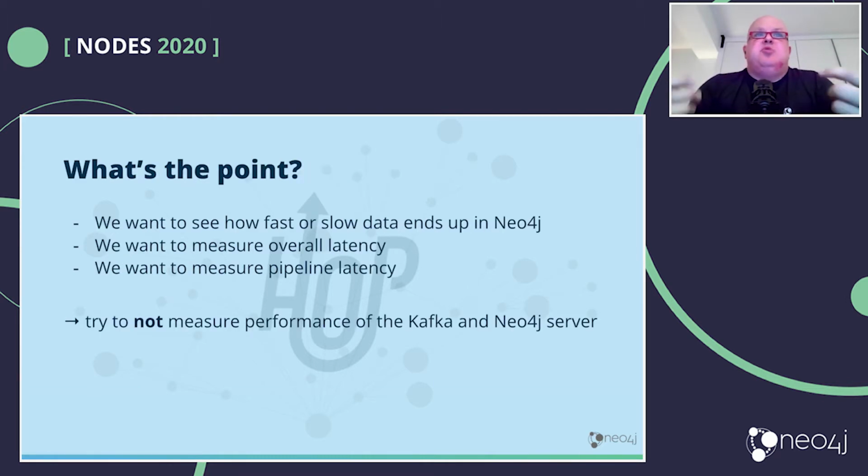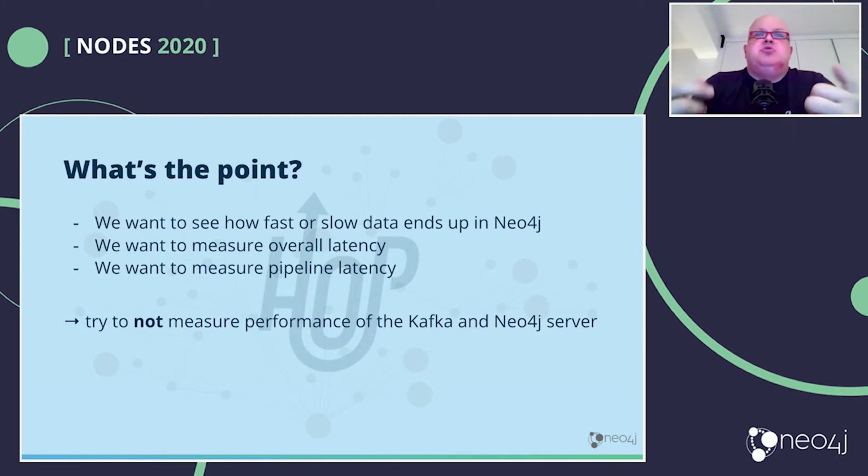And we want to see how fast or slow data ends up in Neo4j. And we want to measure the overall time it took from the app to the Neo4j server. Then we can do all sorts of cool things with it on the Neo4j side, but that's a topic for another day.